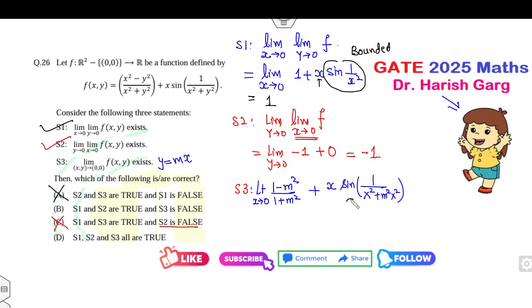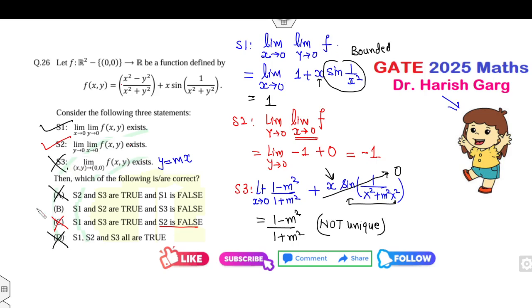Again, you can see this is a bounded function, so that will go to 0 because of this x term. So the answer is (1 minus m square) over (1 plus m square), which is not unique. Once this is not unique, that means the S3 limit does not exist. So the left option B is the right answer of the problem.